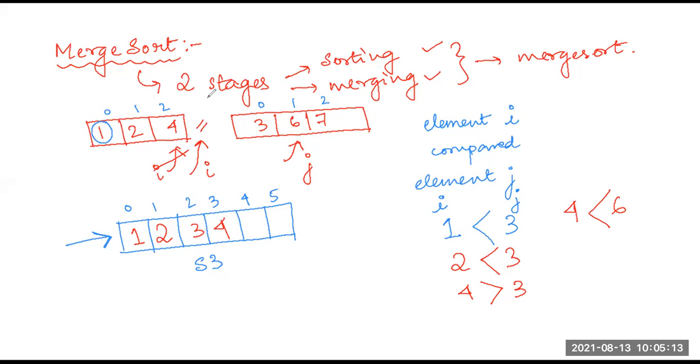Since these two arrays are individually sorted, I will simply copy the leftover elements from the other array. So I will copy 6 and I will copy 7. Why am I able to do it? Because the elements are already in sorted order.